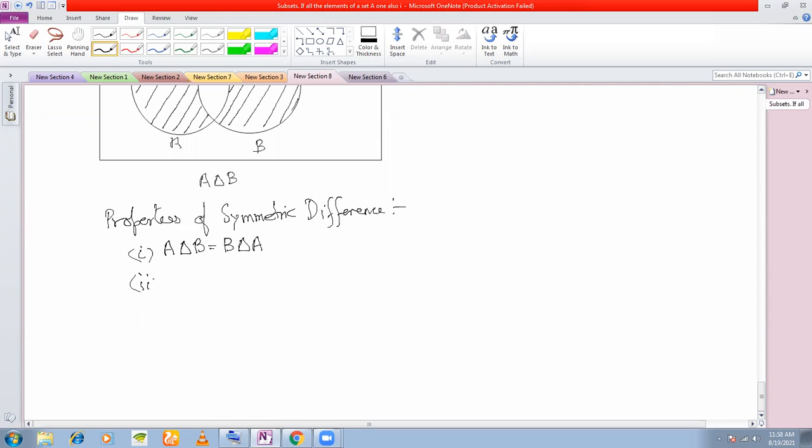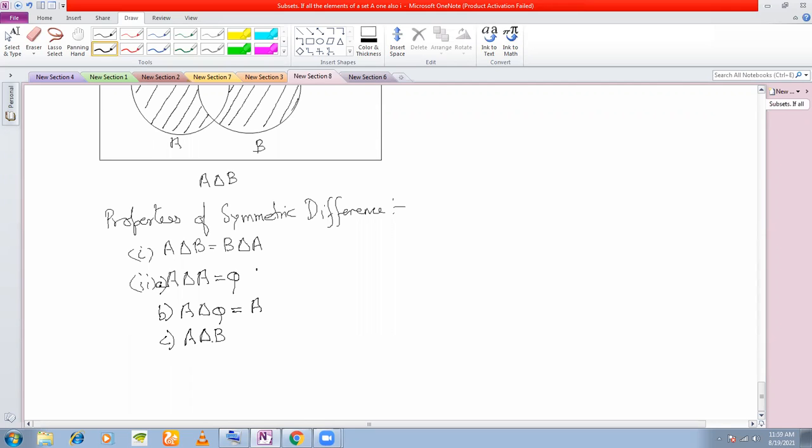The next property is that A delta A is a null set. Symmetric difference of A taken with A will always be a null set, and this is number 2 part A. And the next is symmetric difference of A taken with the null set will give you back the set A. And third property, a very interesting property, but not important for you all.